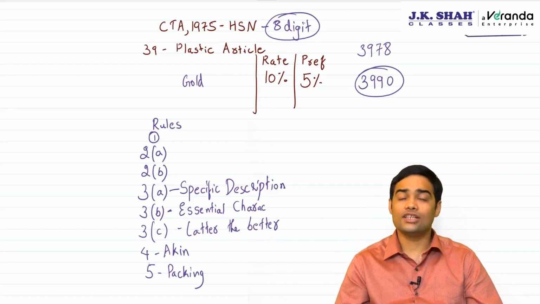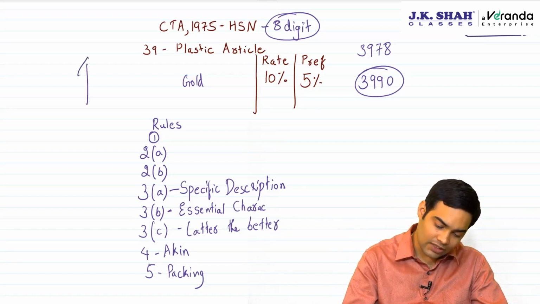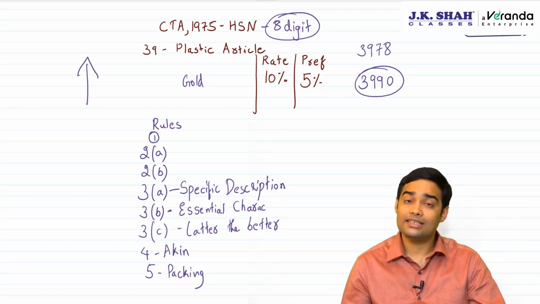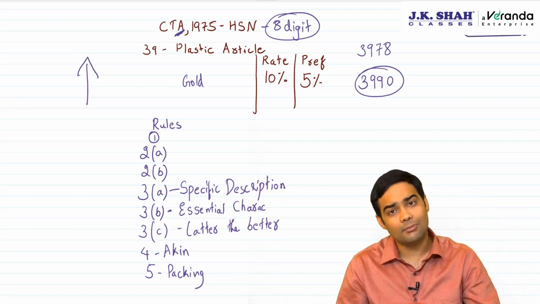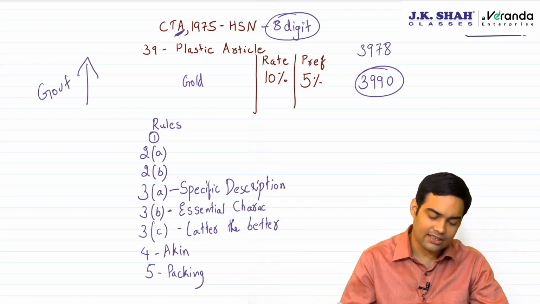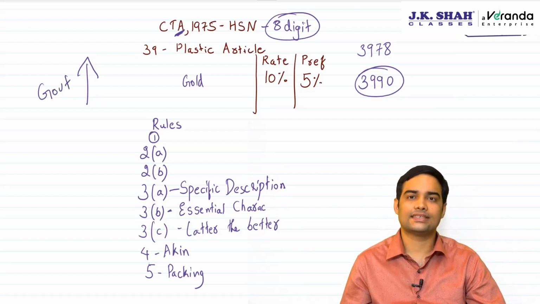While reading all this, you should also understand one thing. Can the rate of custom duty be increased by government? See, this comes from Custom Tariff Act. To change an act, you require approval of the parliament. I am asking you, can custom duty rate be increased by government? Do they have the power? The answer is yes.